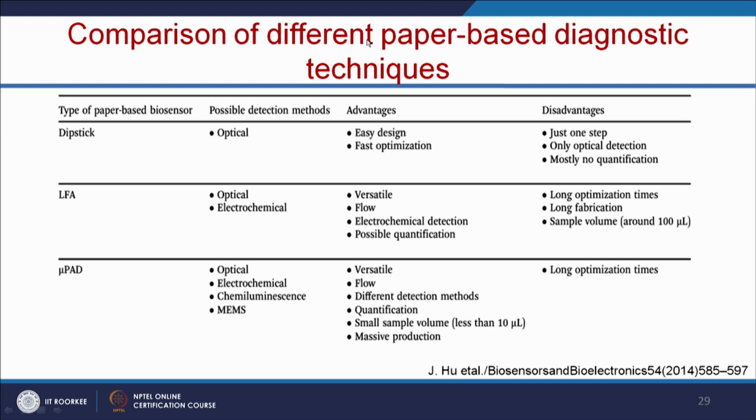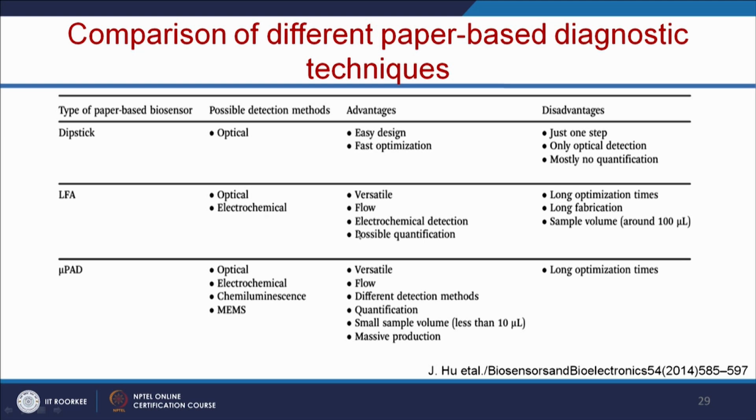So let us see the comparison of different paper-based diagnosis techniques. Each has its own advantages as well as disadvantages. The dipstick method is easy with fast optimization, but the problem is it is only optical detection, so there is no quantification. And this LFA is versatile and it is based on lateral flow, okay.